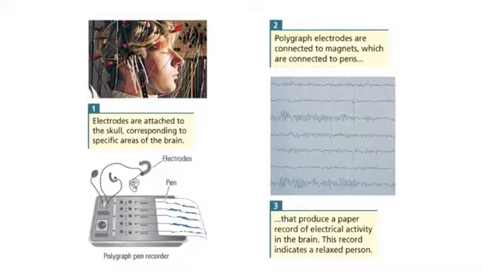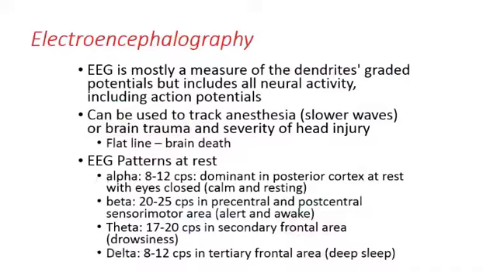And the polygraph electrodes are connected to little magnets that are connected to pens that produce a paper record of the electrical activity in the brain. Now it doesn't really even have to be a paper record. It can be an electronic record or digital record that can be saved forever. The EEG is mostly a measure of the dendrite's graded potential.